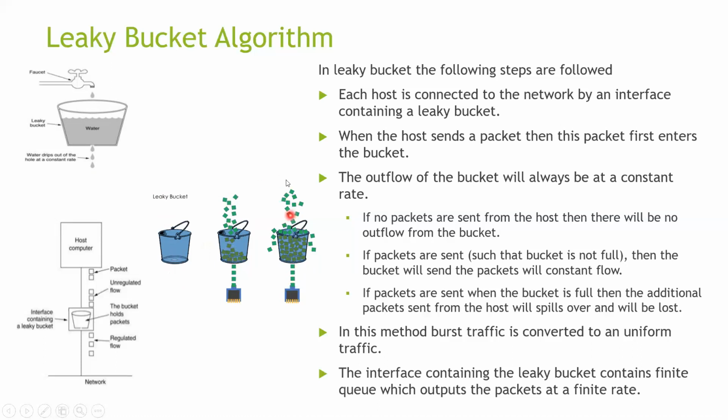If more packets come in, such that the bucket becomes full, then it starts losing packets. The packets which come in after the bucket becomes full will be lost, whereas from the hole there will be a continuous flow. This is what happens in the leaky bucket.